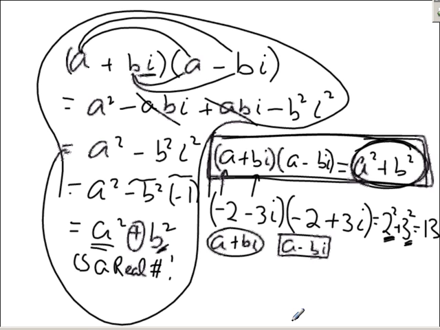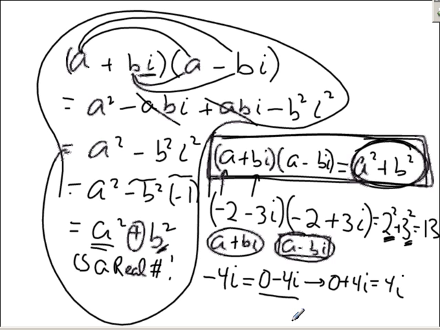So, if I give you negative 4i, what would the complex conjugate be? Well, write it in a plus bi form. Realize you can always have 0. The complex conjugate will be 0 plus 4i, which is 4i.